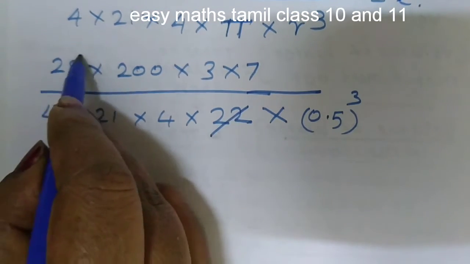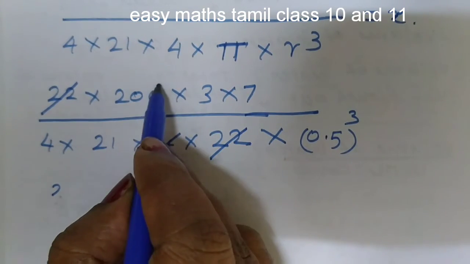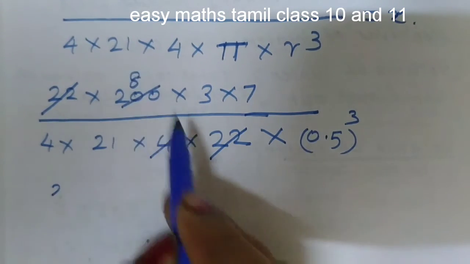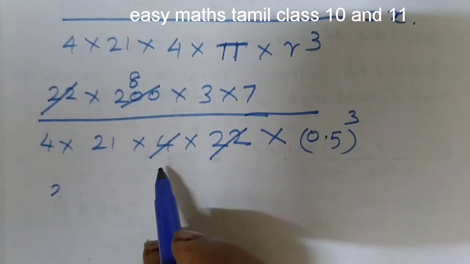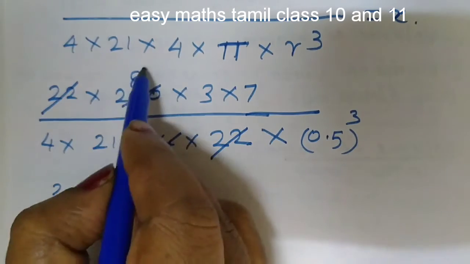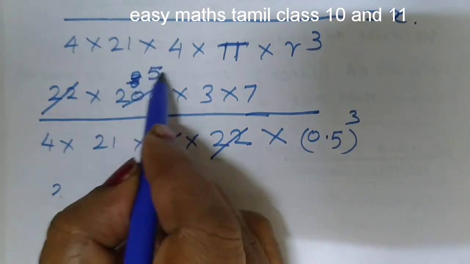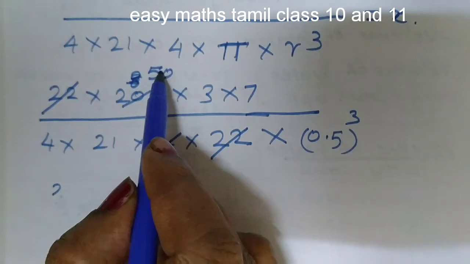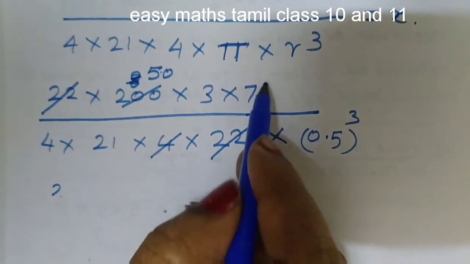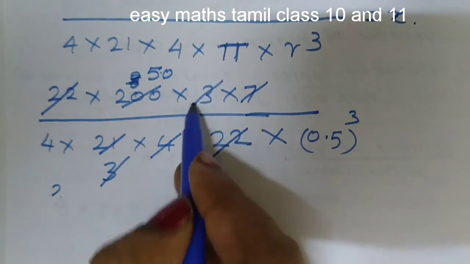Cancel this 22 and 22. 4 into 50 is 200. 7 3s are 21. Cancel 3 for 3.